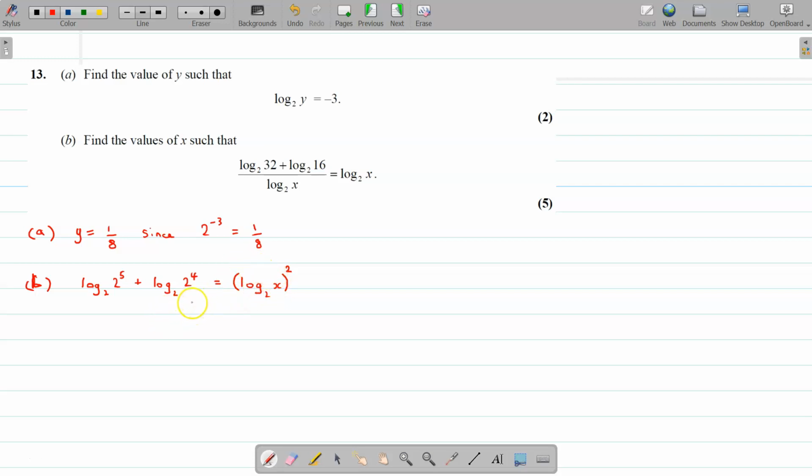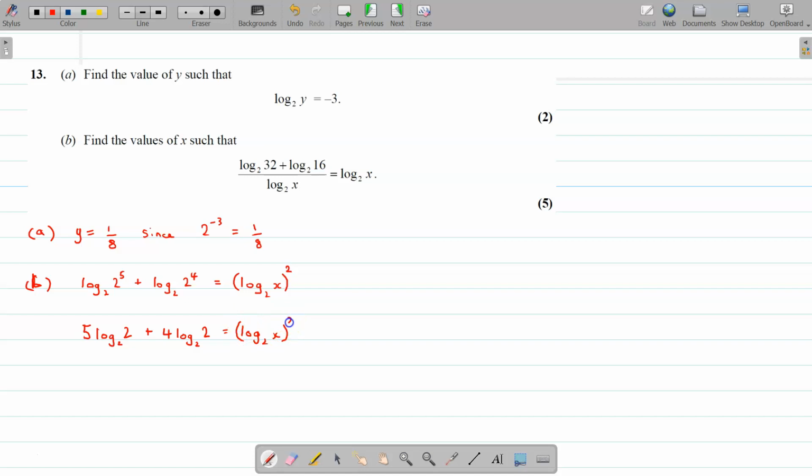Now, if we take this to the next stage, we've got that this first part here is the same as 5 log to base 2 of 2, so this is where we can put the power in front, plus 4 log to base 2 of 2 equals log to base 2 of x all squared.